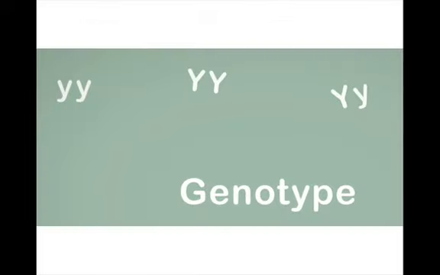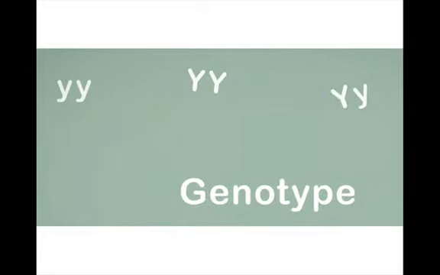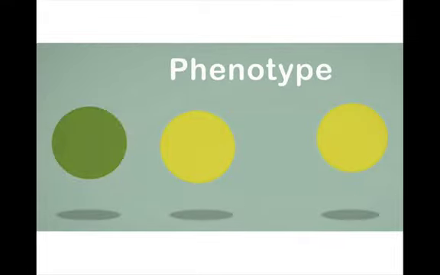So just visually, we'll review the vocab we talked about in the beginning of the lecture. Remember, genotype is the letters we assign to different traits. Phenotype is the actual way that a trait is expressed. So in this case, the letters back here are coding for either yellow or green, and the phenotype shows us if it's yellow or green.